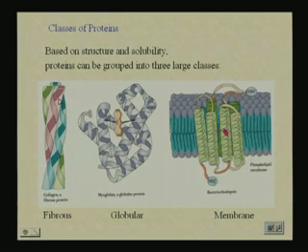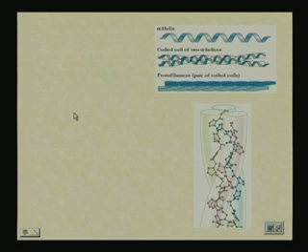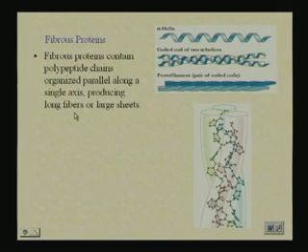There is another class of proteins, the fibrous proteins. From the name you can figure out what the construction is going to be. They are more or less fibers, okay, and they are adapted to give strength to the structure. So in fibrous proteins, as you can see here, if you have a single alpha helix, you can have a coiled coil of two helices, or you could have what is called a triple helix, as you have in this case.